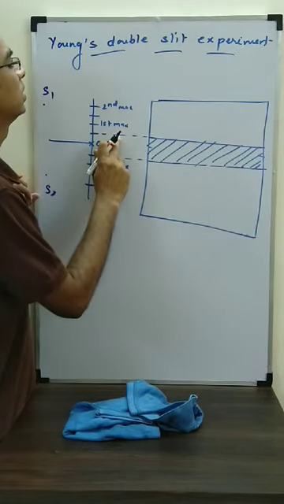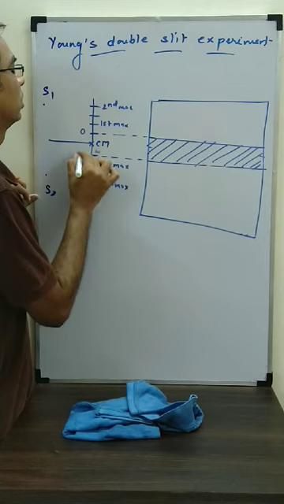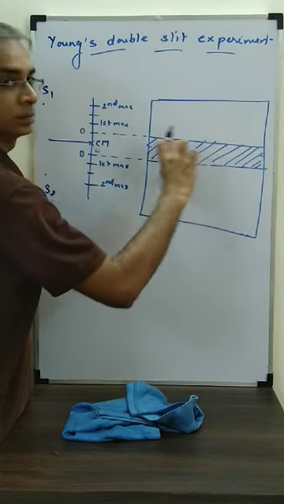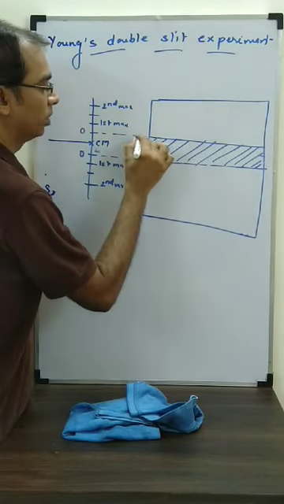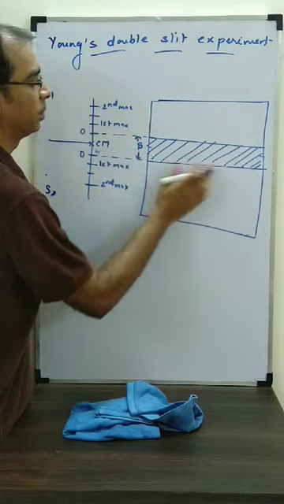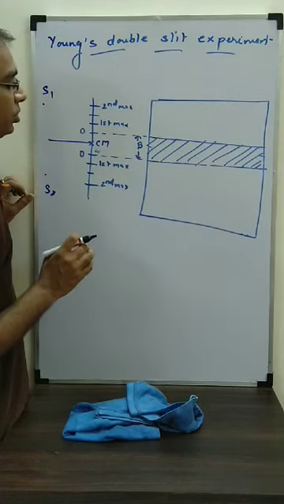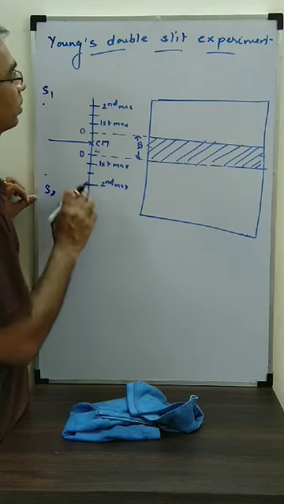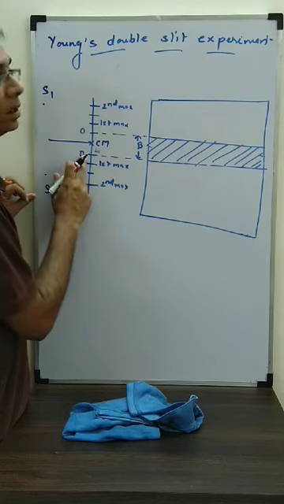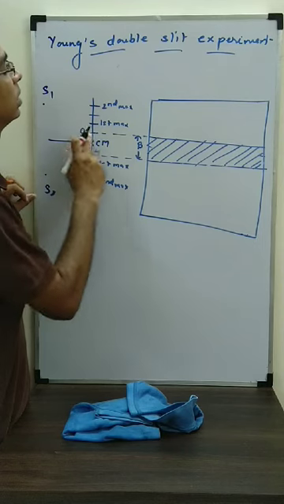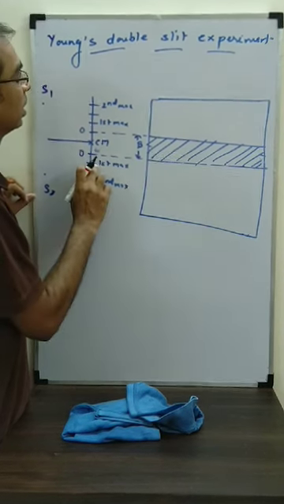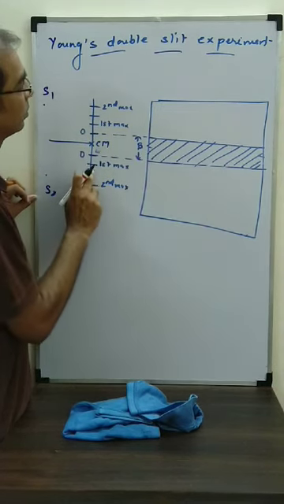This is max. This is zero intensity here, this is zero intensity. This is max. And this is called beta. This is the bright patch. After that there will be a dark patch for the minimum. Here is zero intensity.